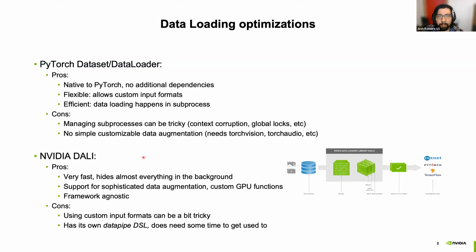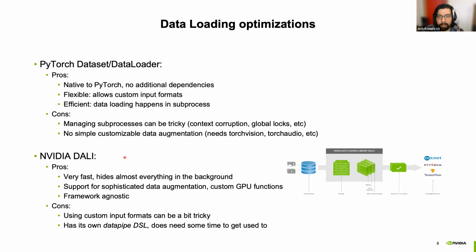So one other tool that we suggest to people is NVIDIA DALI. This is NVIDIA's data loading library. For workloads that really need GPU accelerated data augmentation, this is very much the way to go. DALI is very fast. Unlike PyTorch, it actually uses C++ threads to launch all of its workers, so it doesn't have the same limitations about not being able to use the GPU for data augmentation and data manipulation.